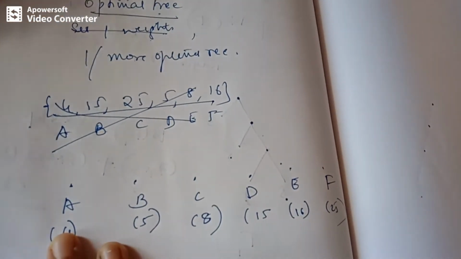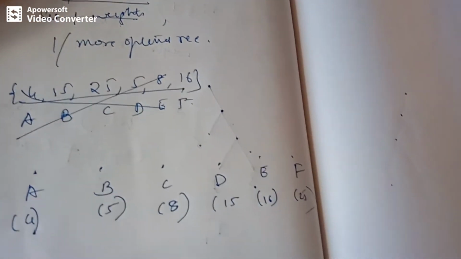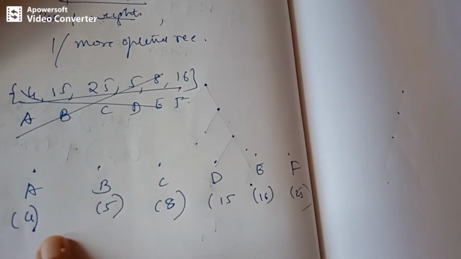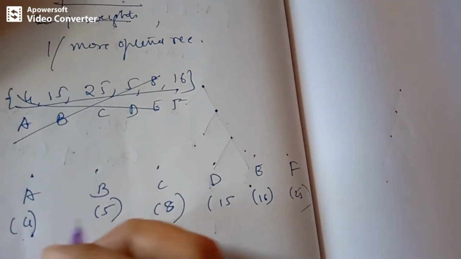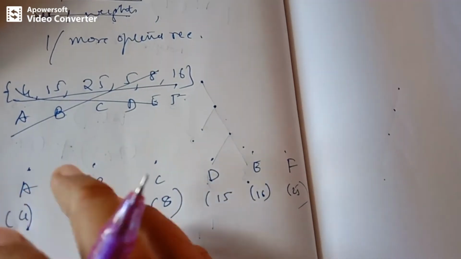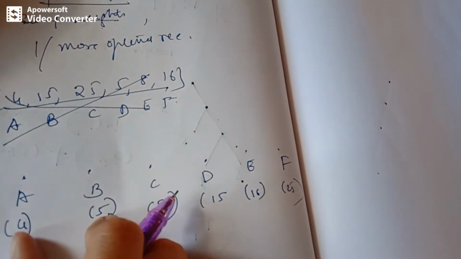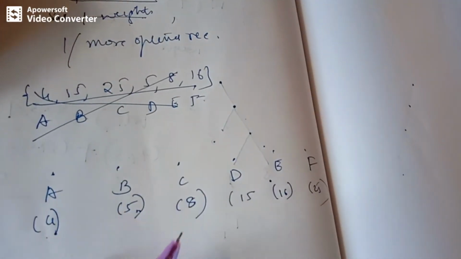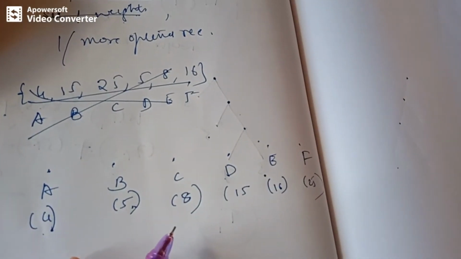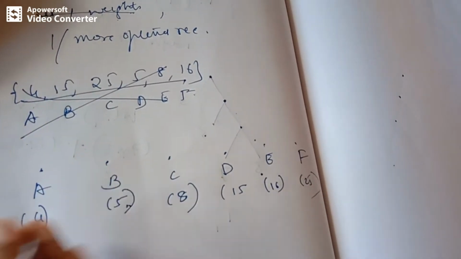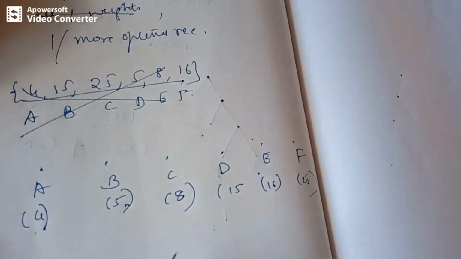Okay, now we note that the vertices A and B carry the smallest weights 4 and 5. We add these two weights and get the sum, which is 9. Upon addition, we are going to rearrange this. So 9 will not be here.